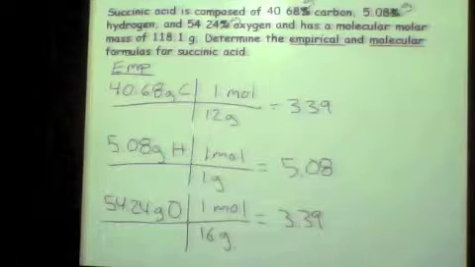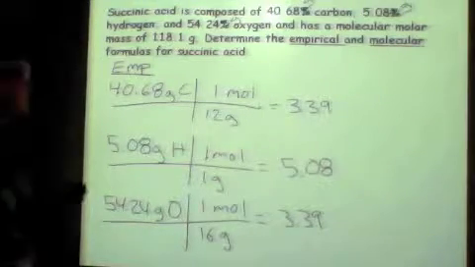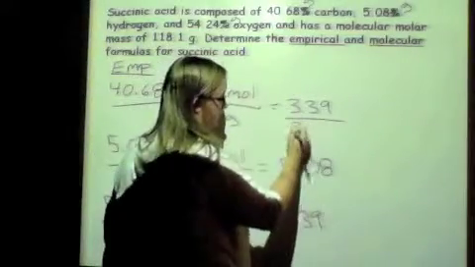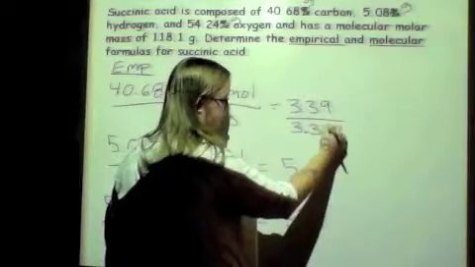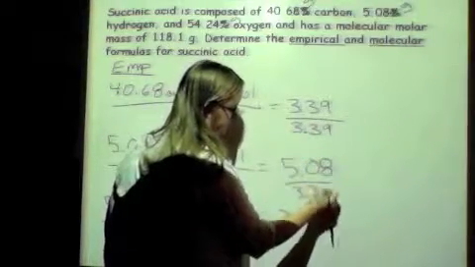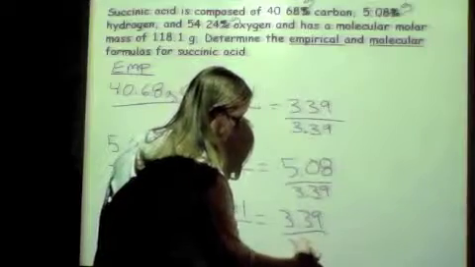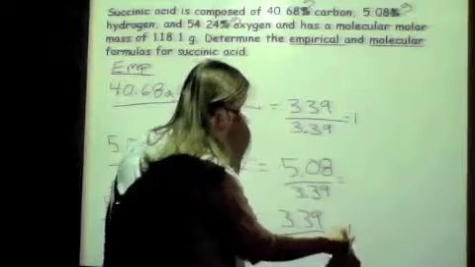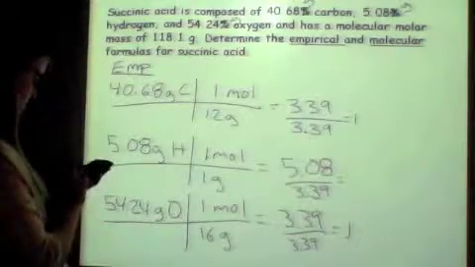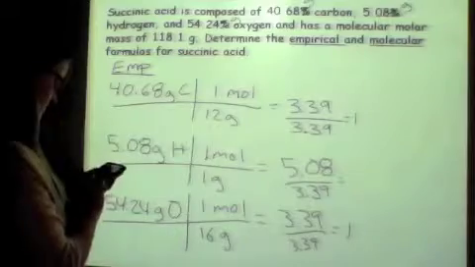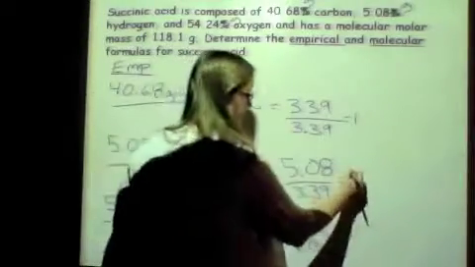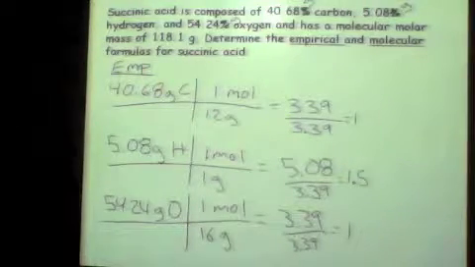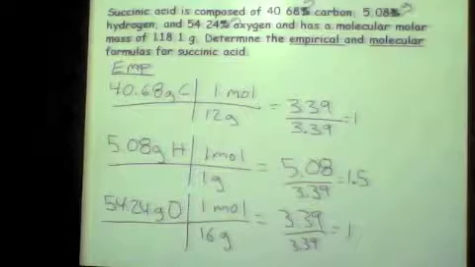So then, our next step, we went from mass to moles. Now we're going to divide by small. In this case, we have two values that are small. So we're going to divide all the values by 3.39. So we get 1. And then here we get 1.5. So then comes step 4 in the empirical formula part.